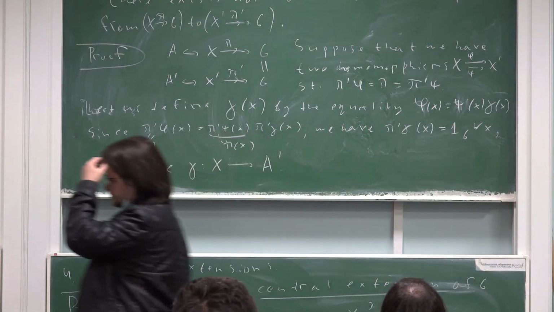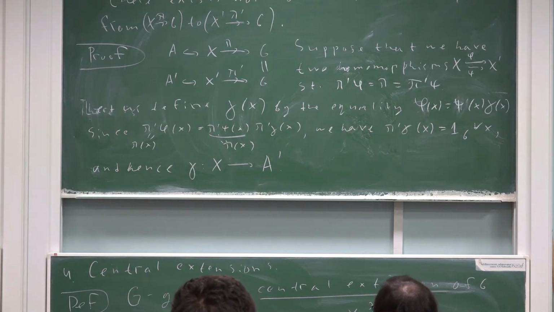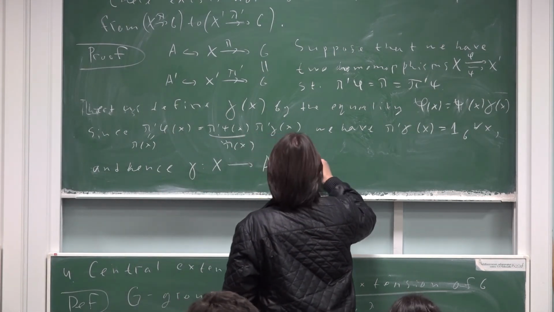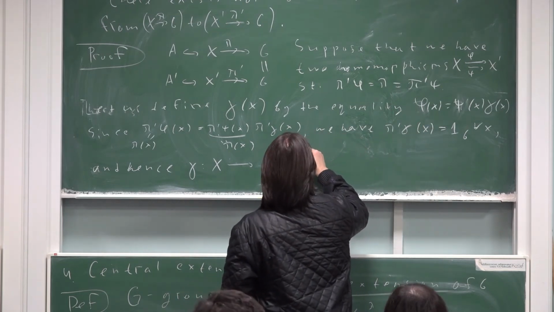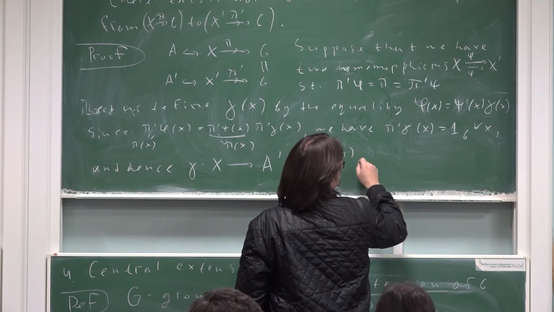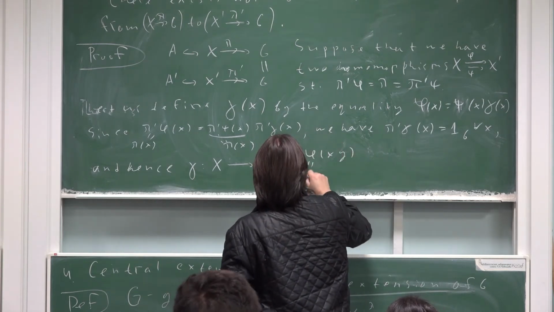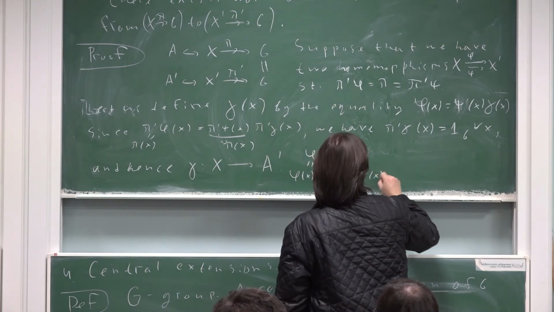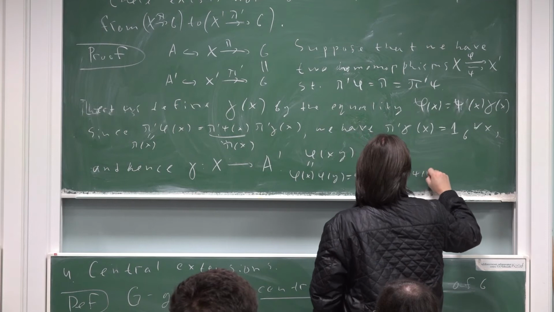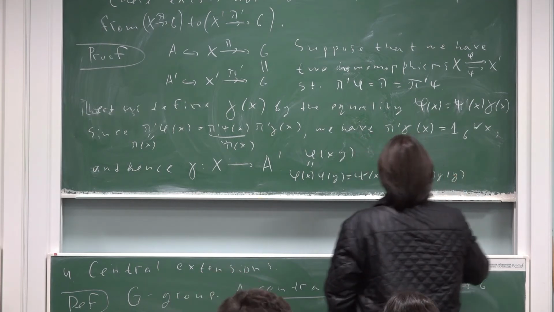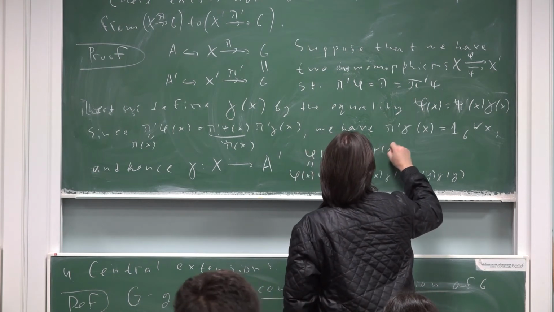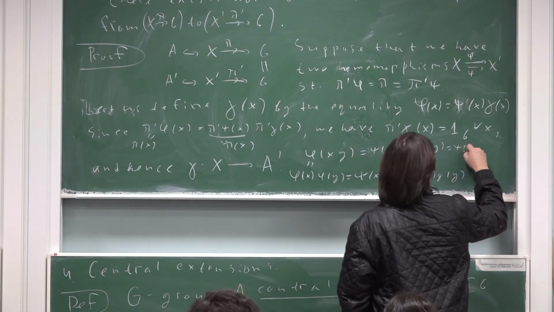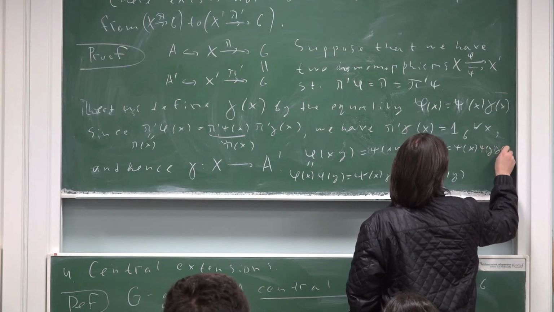Well, and moreover, gamma is a homomorphism, because if we take x and y, then we get phi of xy, which is equal to phi of x, phi of y, which is equal to psi of x, gamma of x, psi of y, gamma of y on one hand, and on the other hand psi of xy, gamma of xy, which is psi of x, psi of y, gamma of xy.